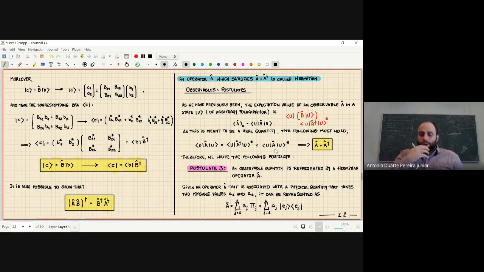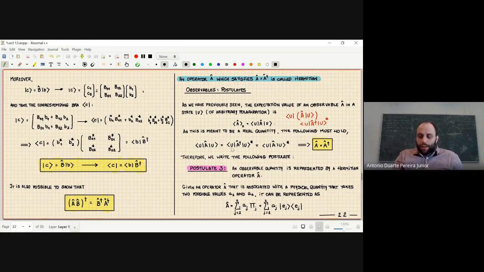In other words, maybe you don't want to assume that A is Hermitian. So you say, from this side to this side, I'm just reversing the order of the vectors.